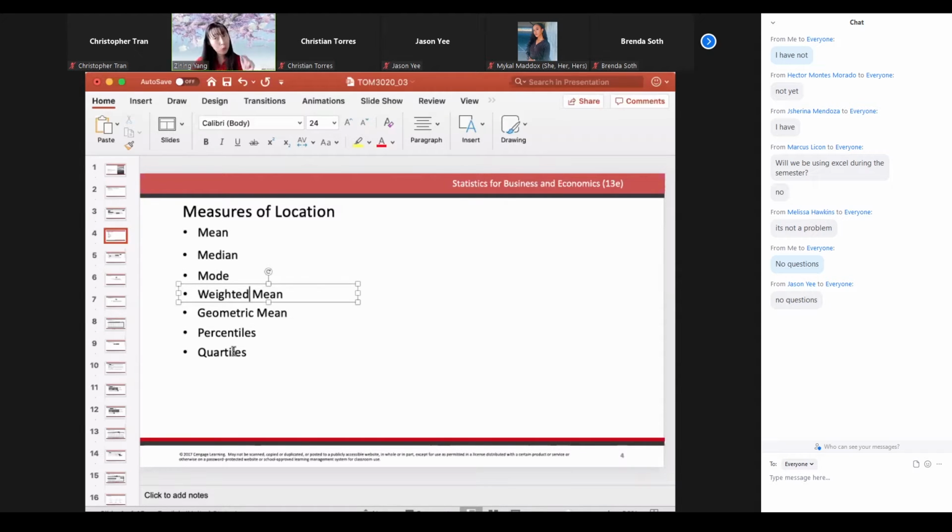And we'll briefly go over geometric mean, percentile, and quartile. So again, the higher priorities are mean, median, mode, and weighted mean. The top 4 are what you want to understand very well, spend all your time on. The other 3, geometric mean, percentile, and quartile, we will go over briefly.